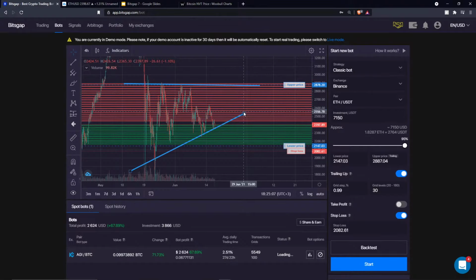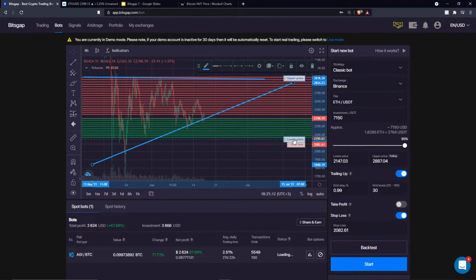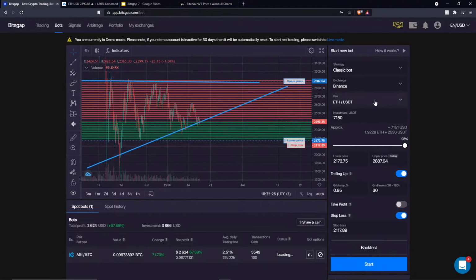So that's the configuration you can play with, where you have your lower price at the point where you had your previous lower high, the stop loss below this area, so below the support, and the upper price exactly where you have the resistance. You see it has bounced off the support 3 times already, so there is enough confidence that the price will continue the short-term rise. That's why it makes sense for me to try this one.